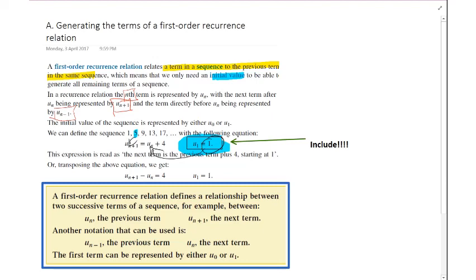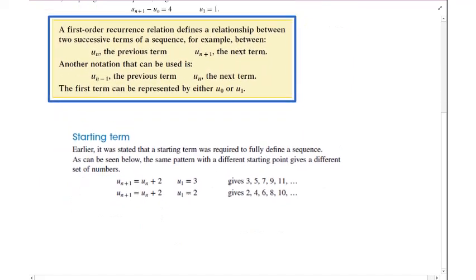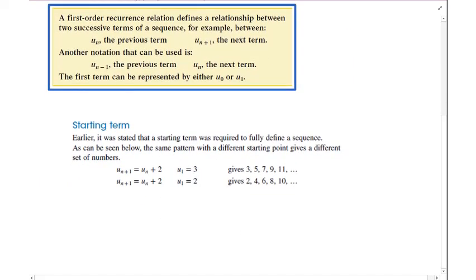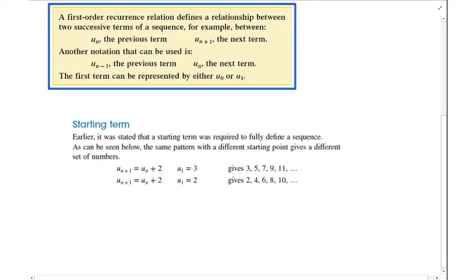When I do it the next time, my 5 becomes my U_n, so I get 5 plus 4, that equals 9. Then 9 plus 4 equals 13. See what's happening? Then I'll go 13 plus 4 equals 17. And so here's a nice little thing to actually have.